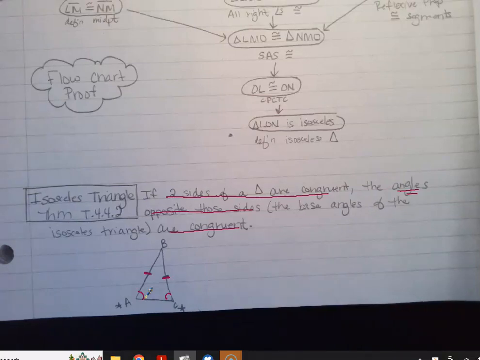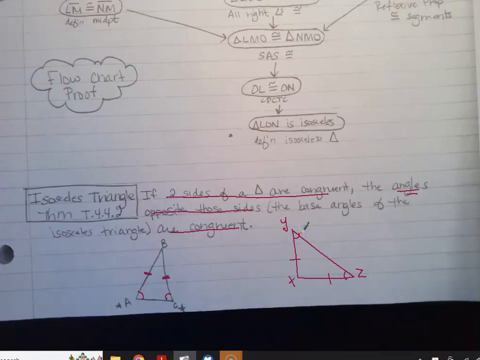So let me give you another one. Okay, let's say these are equal. All right, what angle is opposite of XY? Z. What angle is opposite of XZ? Y. Correct.